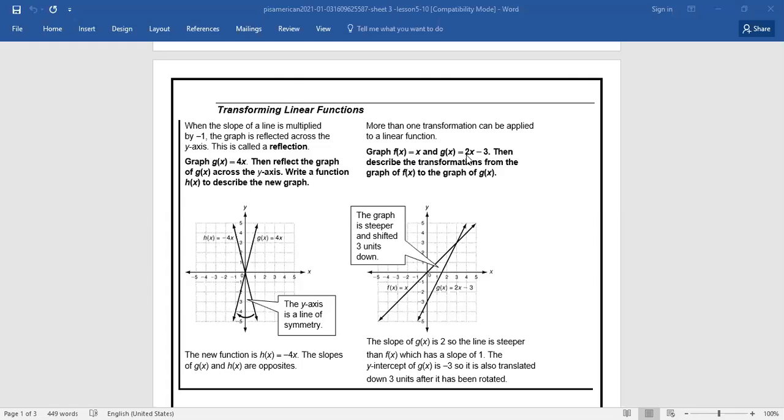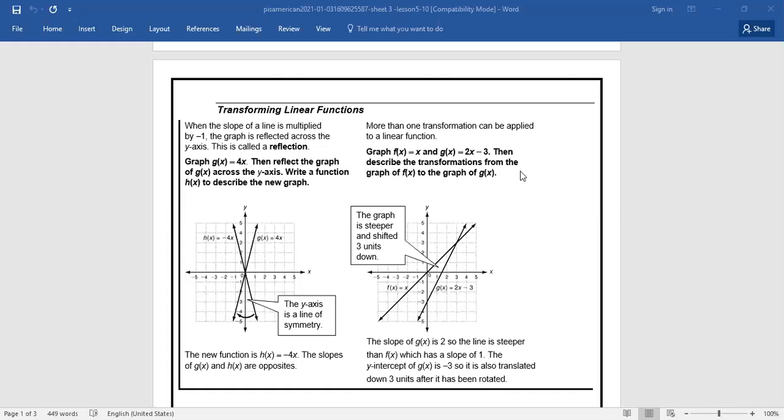So if you have a question like this: graph f of x equal x and g of x equal 2x minus 3. Describe the transformation from the graph f of x to the graph g of x. How are we going to describe a graph in this case?